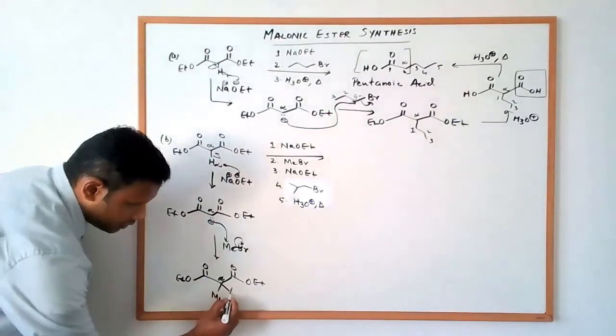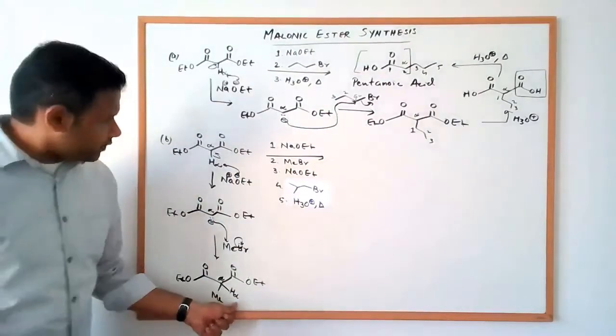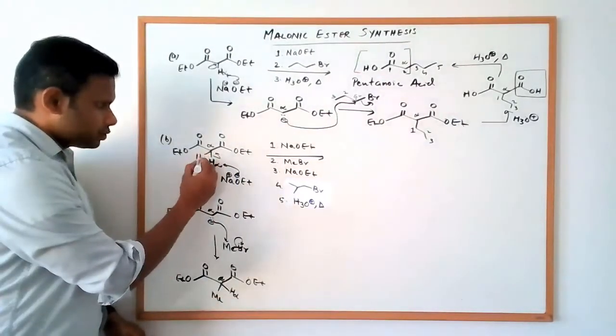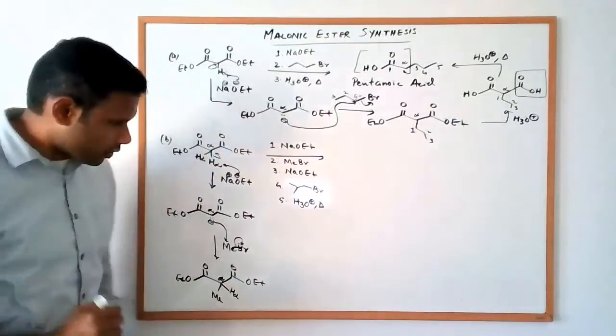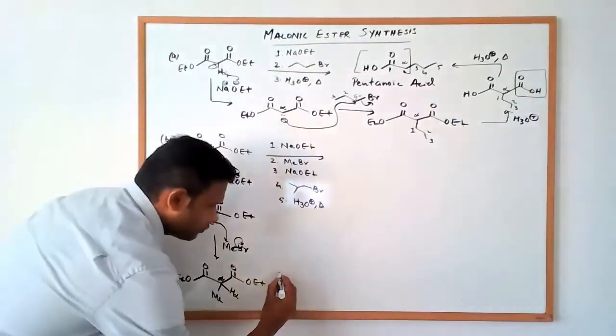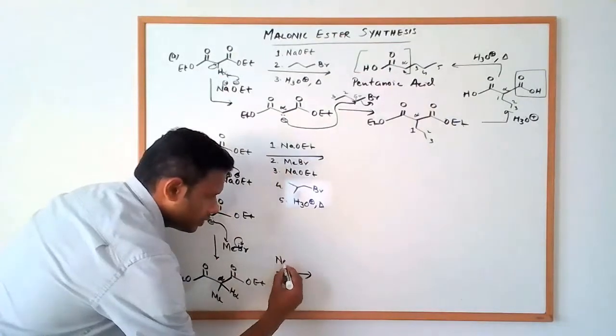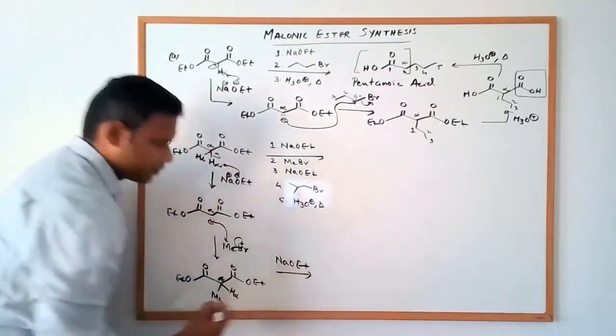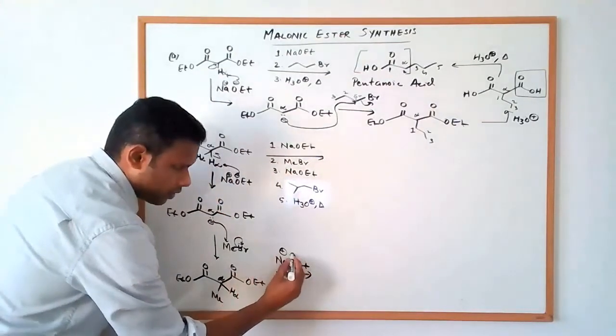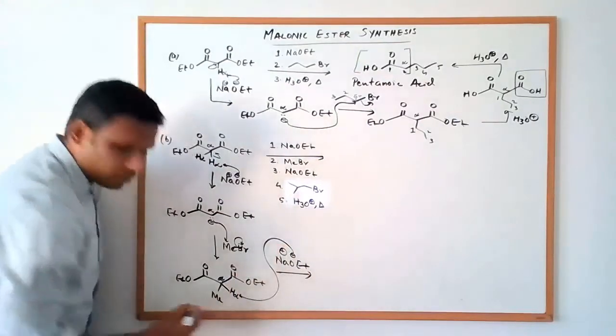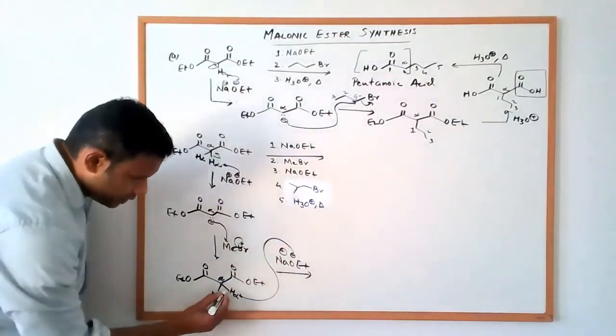Okay, so the alpha carbon. And at this point, there's another alpha hydrogen because there were 2 alpha hydrogens to start out with. So when we react this further with sodium ethoxide, the sodium ethoxide can now go and deprotonate the other alpha hydrogen.